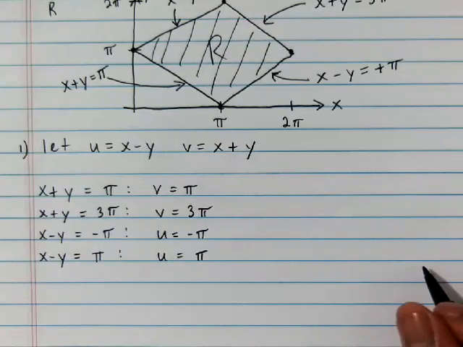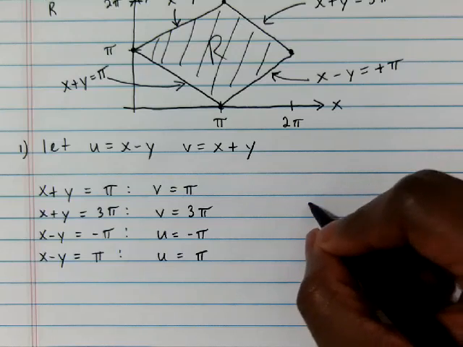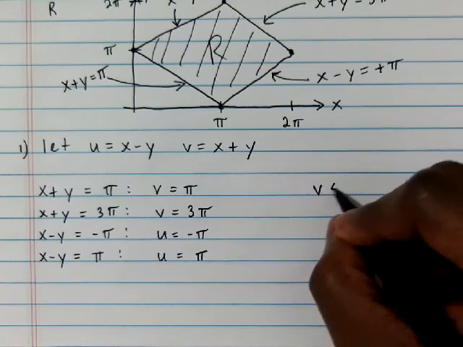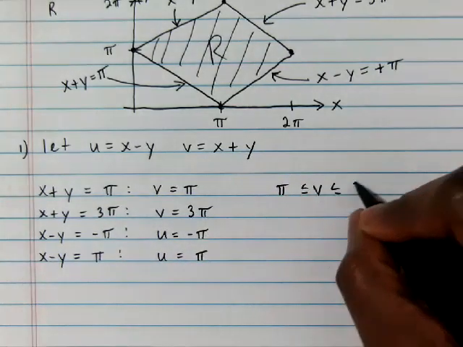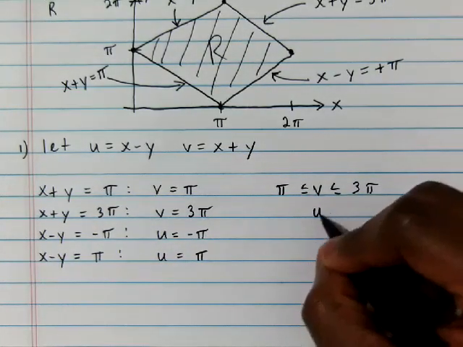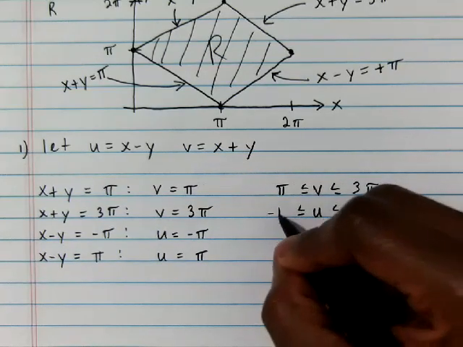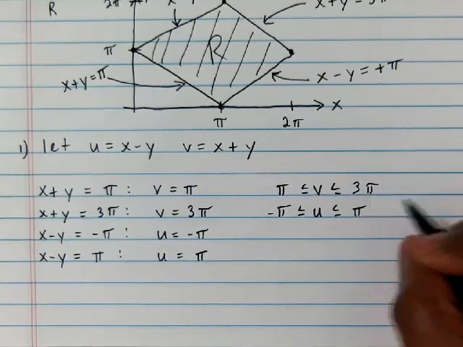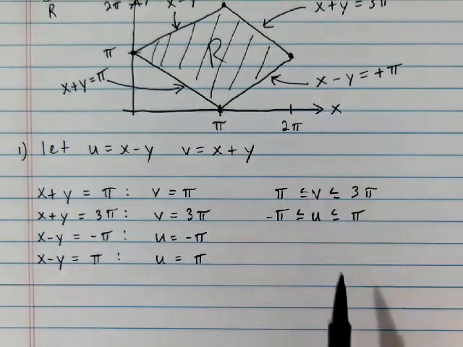So now we have bounds for u and v. v goes from constant to constant, from pi to 3 pi. And u goes from constant to constant, from negative pi to pi. So now instead of sketching the xy plane, we're going to sketch in the uv plane.